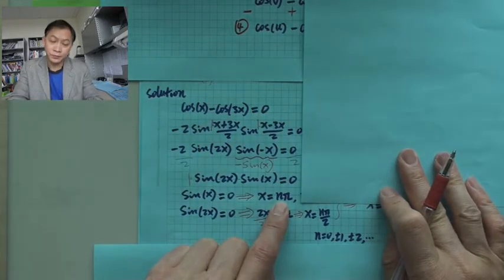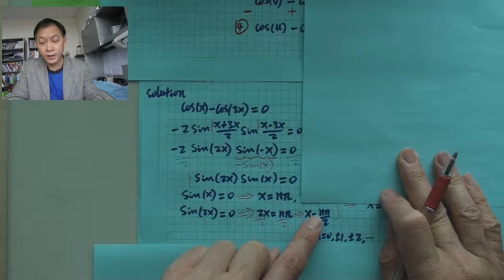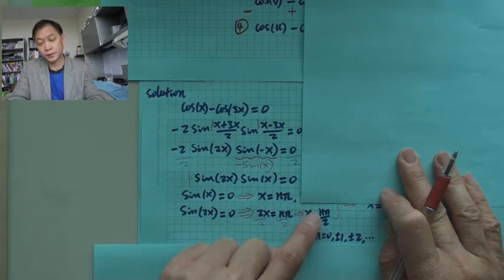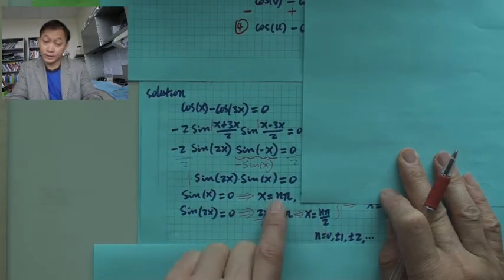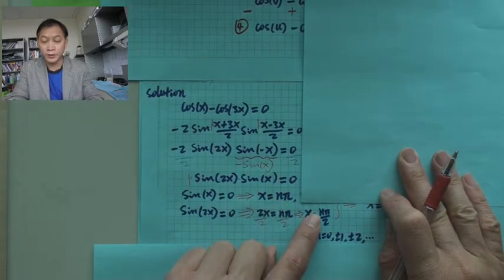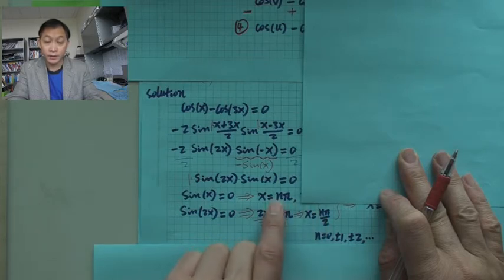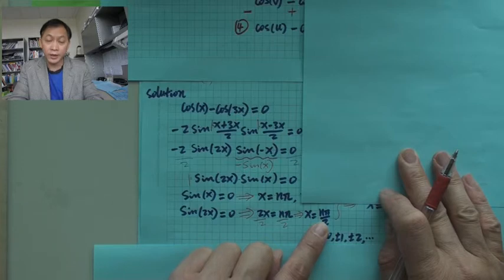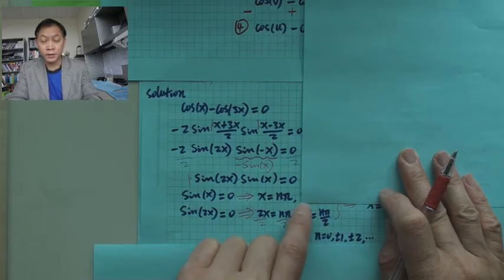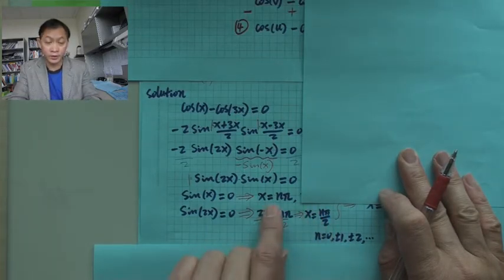Similarly for this n, if n is an even number, for example n is 2, then 2 divided by 2 is pi. And if n is 1, you get pi over 2 also. So this solution includes the other one.